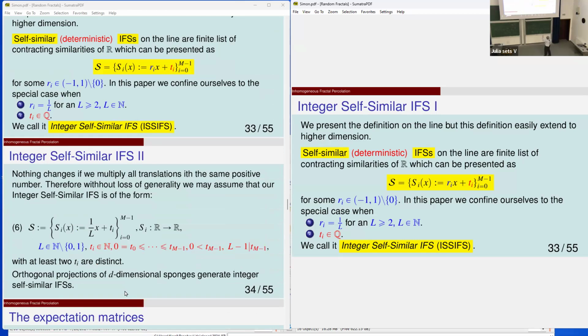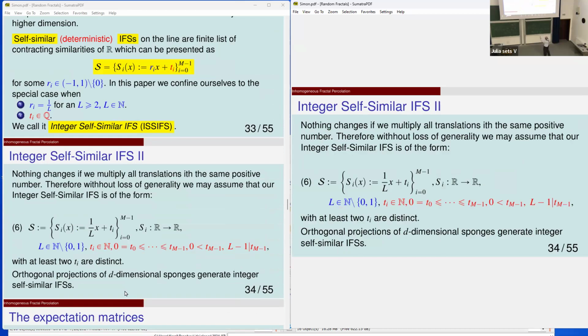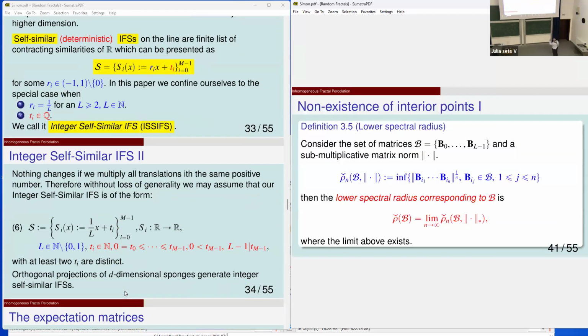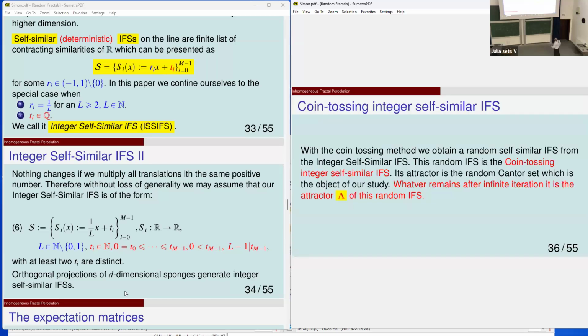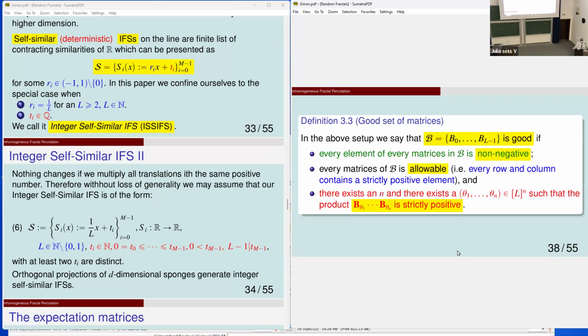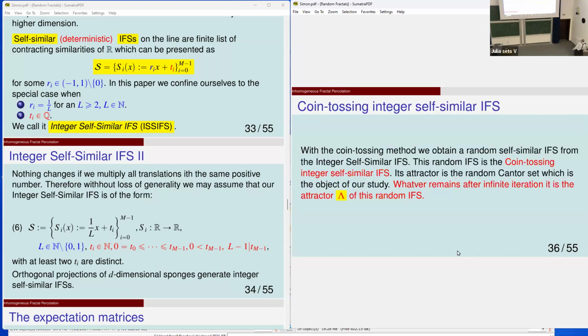So not only that T is rational, but T is a non-negative integer, and some further condition can be imposed just by multiplying with an appropriate number. So that's basically what we assume in the future, that it has this form. And then the matrices are constructed as we have discussed.